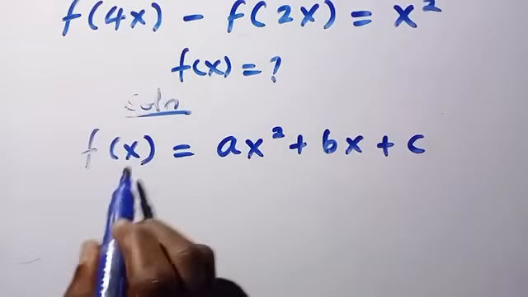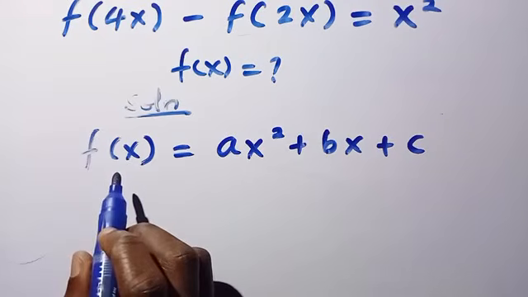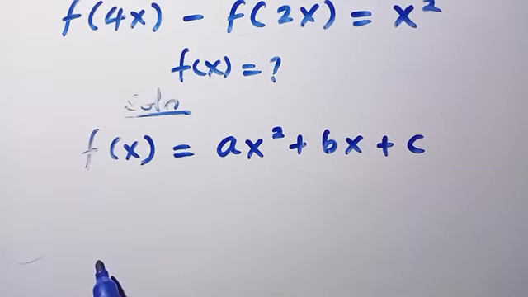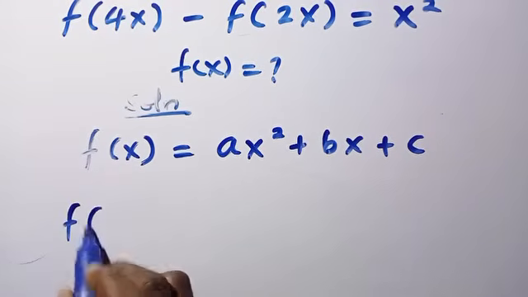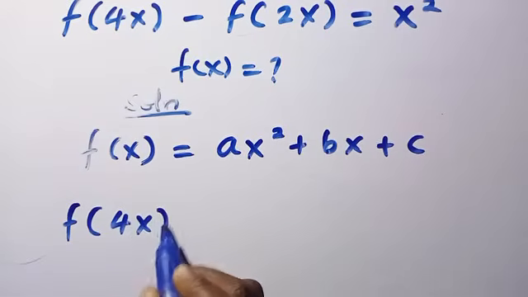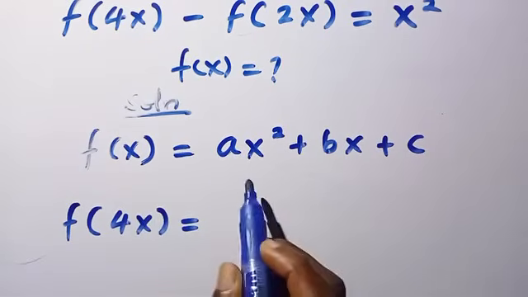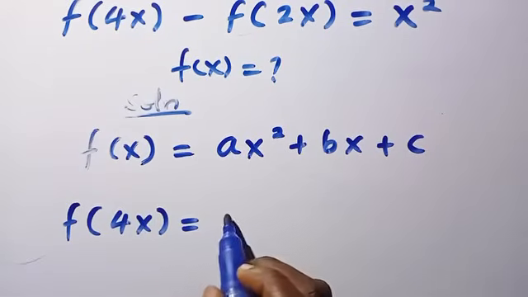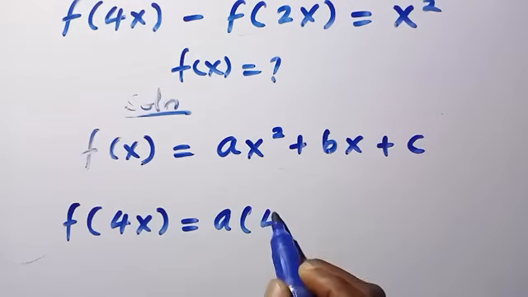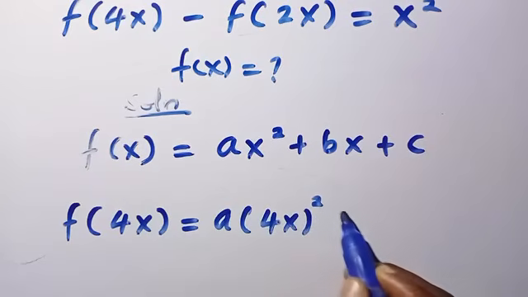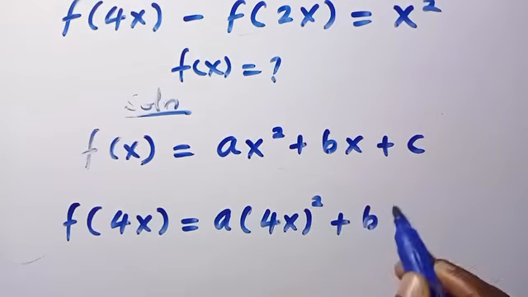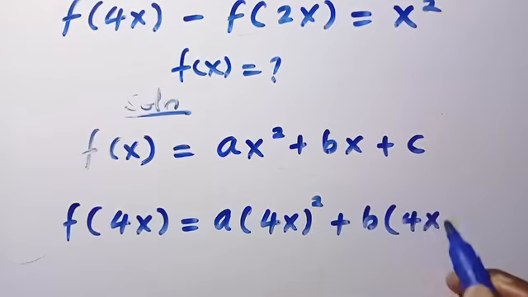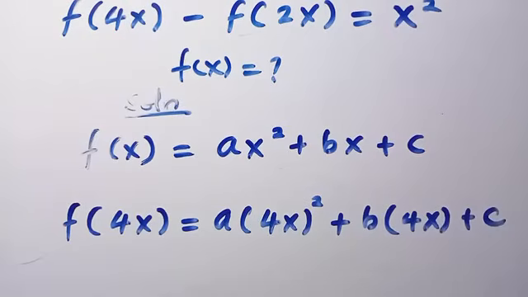Then I need to find f of 4x and f of 2x. For f of 4x, anywhere I see x, I'm replacing it with 4x. Here it becomes a into bracket of 4x raised to power 2 plus b into bracket of 4x plus c.